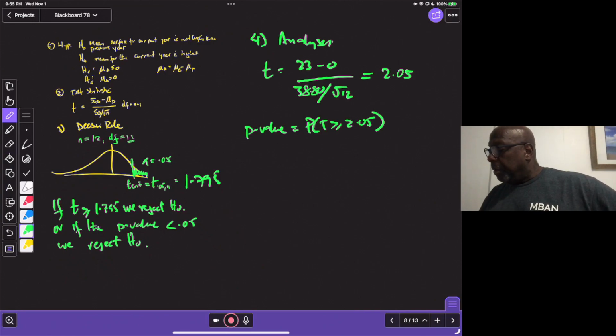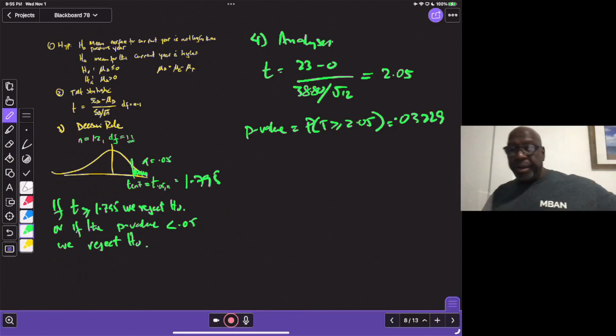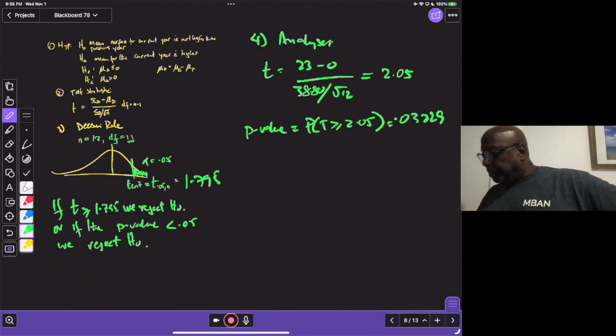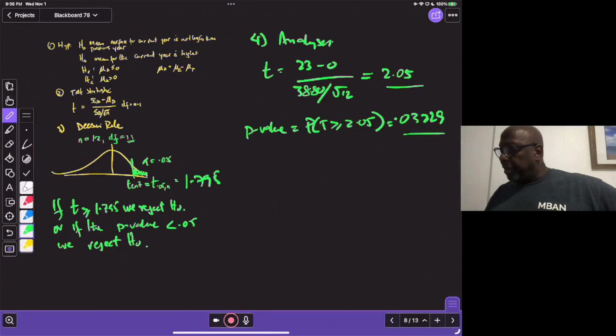All right, so if our p-value turns out to be 0.03229, that's what it turns out to be, so 2.05, 0.03229. Let's look at step 5, the decision and conclusion.